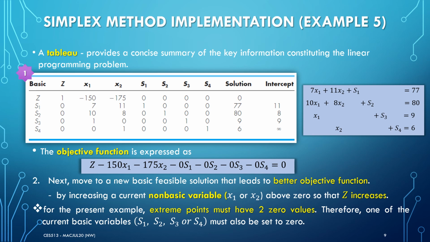Notice that for the purpose of the tableau, the objective function is expressed as z minus 150x1 minus 175x2 minus 0s1 minus 0s2 minus 0s3 minus 0s4 equal to 0. So that is as in the first row. And the other rows consist of the constraint equations here.